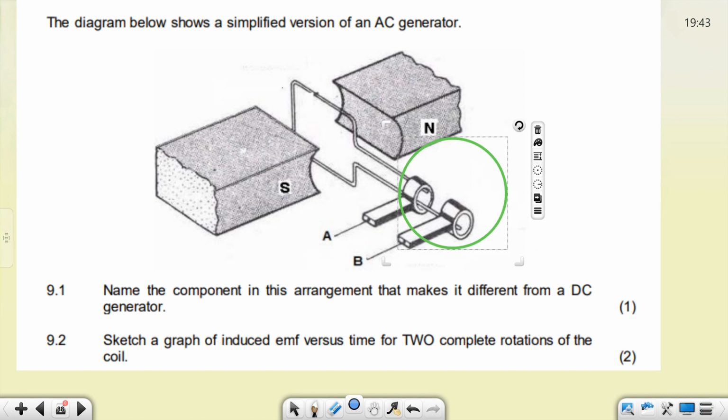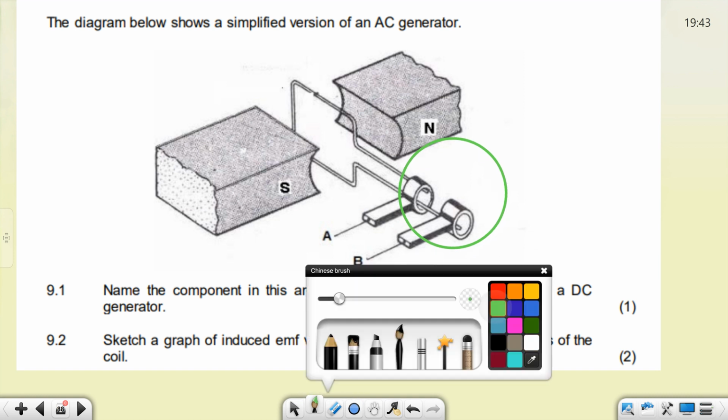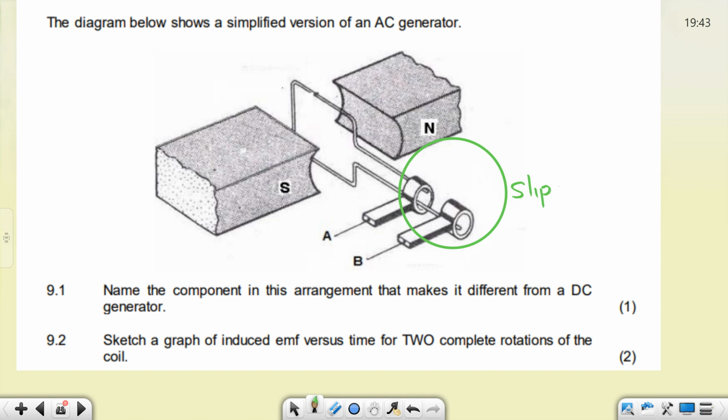Those are my slip rings. And you would see A and B are the carbon brushes, which serve as a conduit. Okay, thank you. Now, name the component in this generator that makes it different. Oh, Sophie, you were answering. Okay, slip ring, we're done.